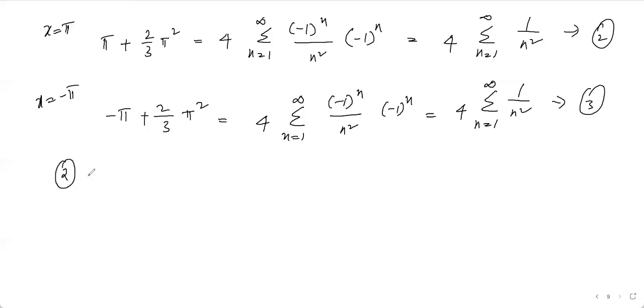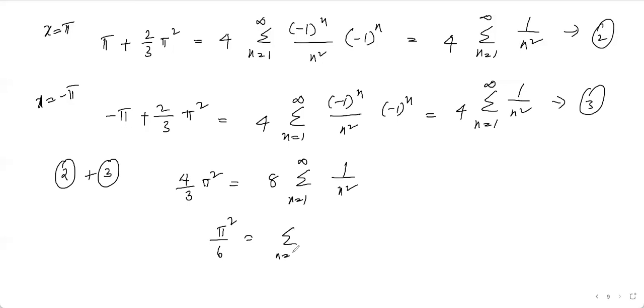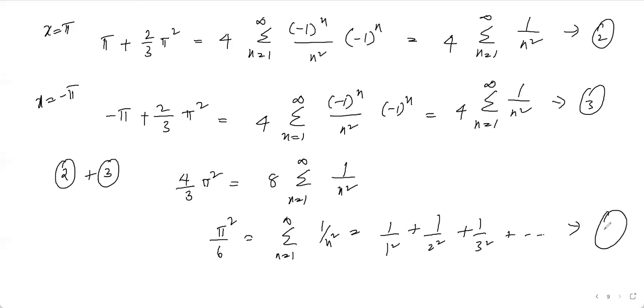Now when you add 2 and 3, right, we get 4 by 3 pi square on the left hand side, and on the right hand side we will get 4 plus 4, which is 8 summation n is equal to 1 to infinity 1 by n square. Okay, or we can write this as pi square by 6, summation n is equal to 1 to infinity 1 by n square, which is equal to 1 by 1 square, 1 by 2 square and 1 by 3 square. Okay, so we got this result.